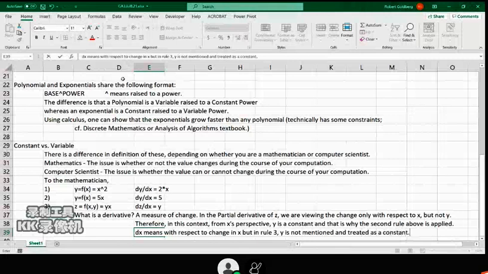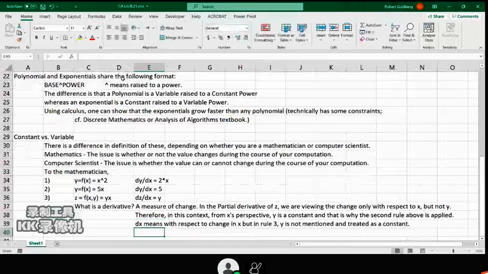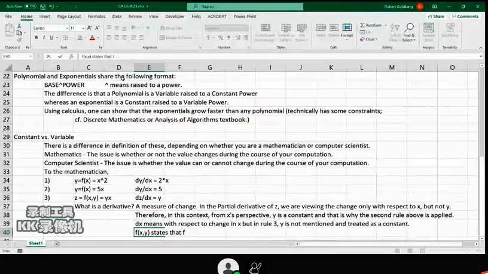So what you see is that, according to mathematics, f of xy states that you started with two variables, that f is defined based on two variables, namely x and y.